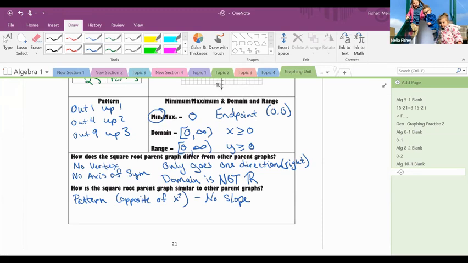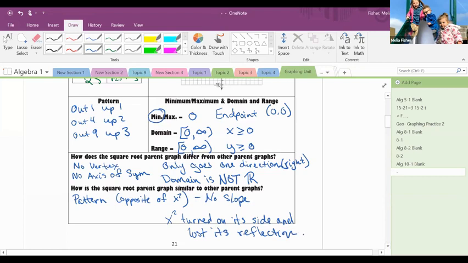Both of those don't have slopes. They have average rates of change. So one of the other things to look at is this, like x squared turned on its side and lost its reflection. So we're talking about like half a parabola that fell over.